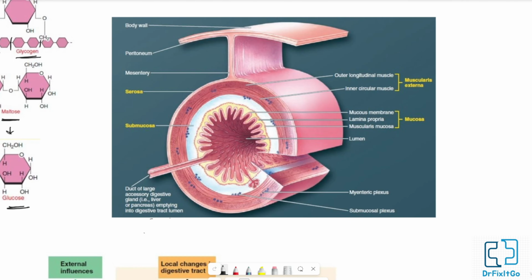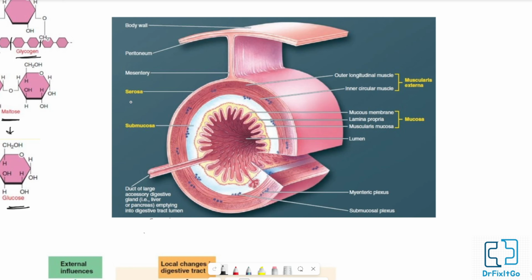Now let's go through the structural characteristics of the gastrointestinal wall. Different parts of the GIT are specialized for different functions in the process of digestion and absorption. But the basic arrangement of the whole GIT from the posterior pharynx to the rectum is the same. The gastrointestinal wall has the following layers from the outside to the inwards.